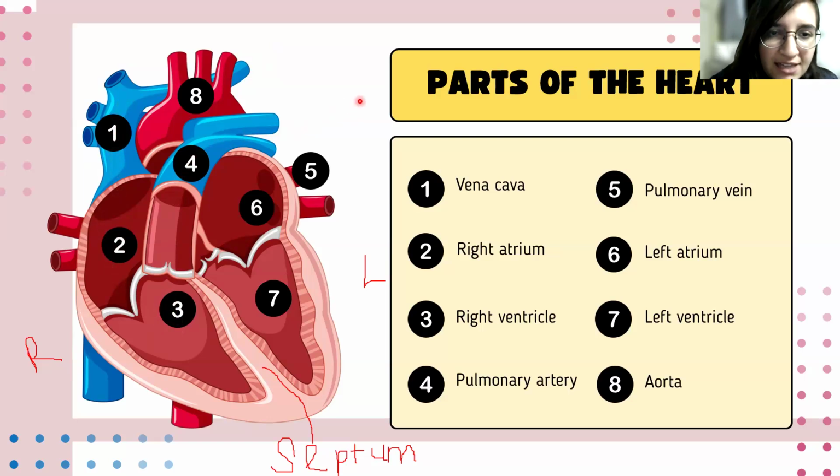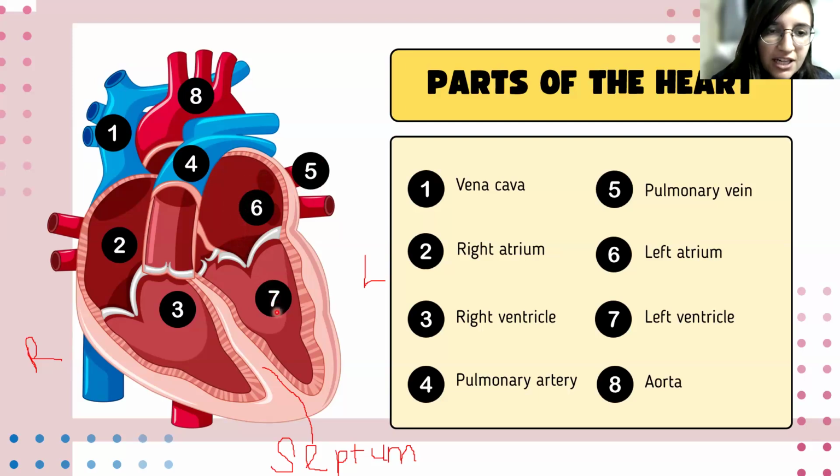And then from the lungs, it will come back through number five, the pulmonary vein. So here, just watch the red laser cursor. Number five, it will come here into the left atrium. Now over here, because now it has oxygen, okay? So the left atrium now goes here to the left ventricle.